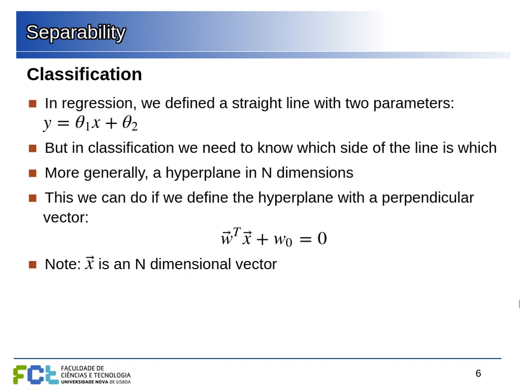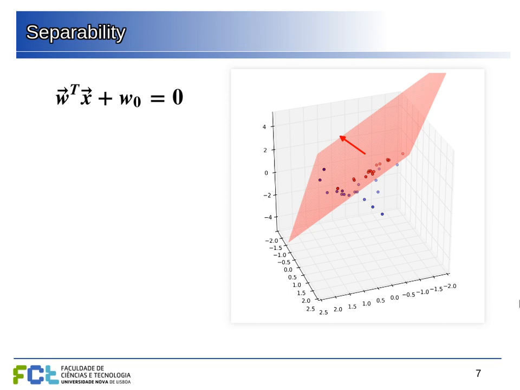So we can do that by computing the inner product, and we have a 0, and this constant determines whether the plane is higher or lower. So this would be one representation. If we had the problem in 3 dimensions, we could specify the orientation of this plane with this vector. This vector here would point to the positive class, and on the other side would be the negative class. So this way we can separate the classes, and we know which side belongs to each of the labels.